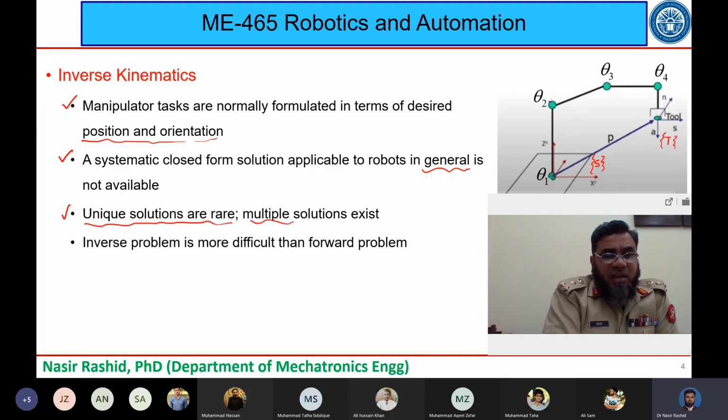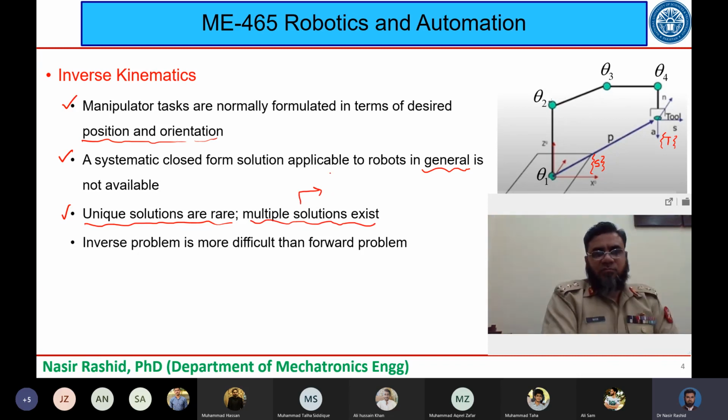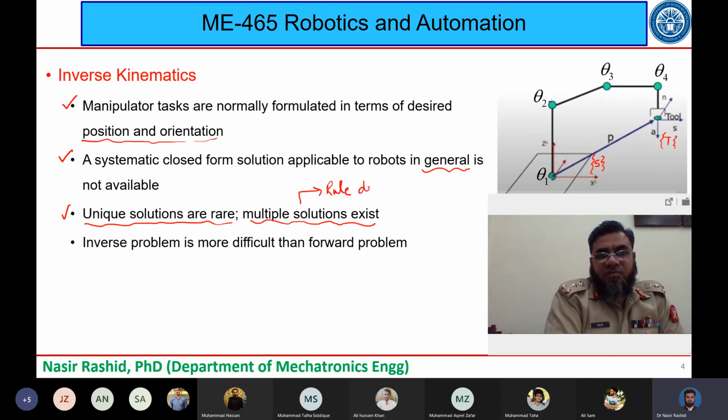So when we have multiple solutions, we need to have some rule defined to adopt a certain solution.